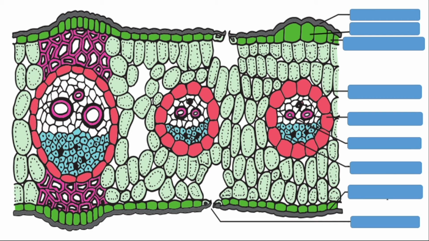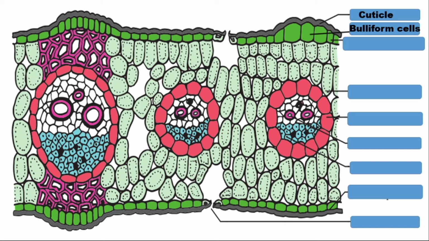Let us recall what the parts of the monocot leaf are. The outermost layer we call the cuticle. The cells that are large in size and thin walled, present in the upper epidermis, we call fully formed cells.